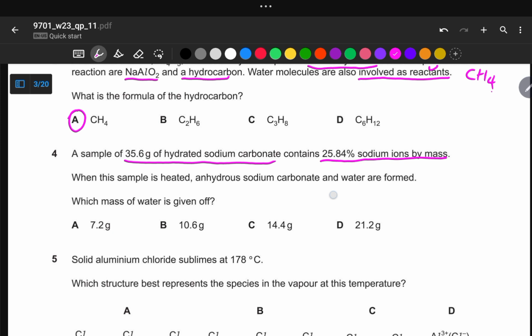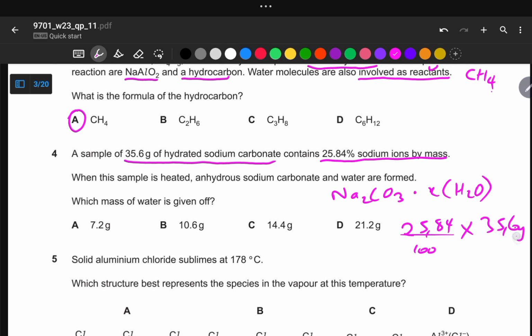The formula of the hydrated sodium carbonate is Na2CO3 with X moles of water. Water of crystallization shows the amount of water bonded to 1 mole of salt in the lattice structure. So here we have 25.84 over 100 multiplied by the mass of the whole sample. So this is the mass of the sodium ions.